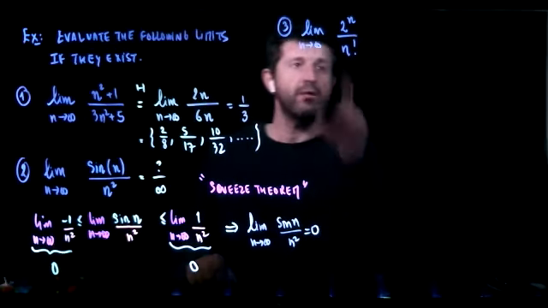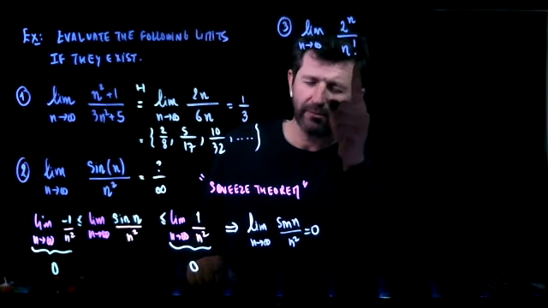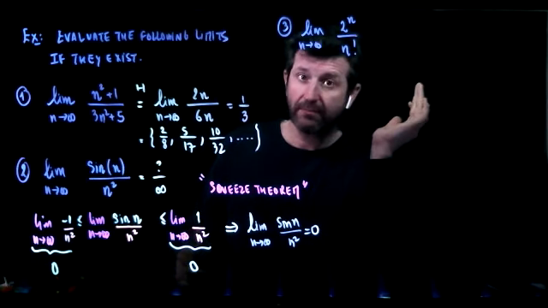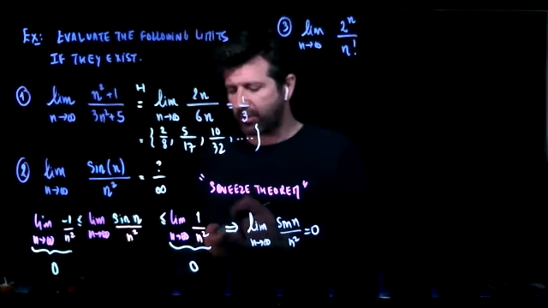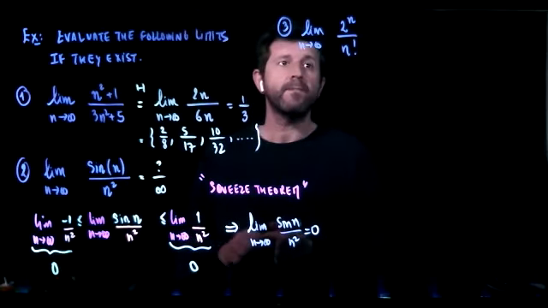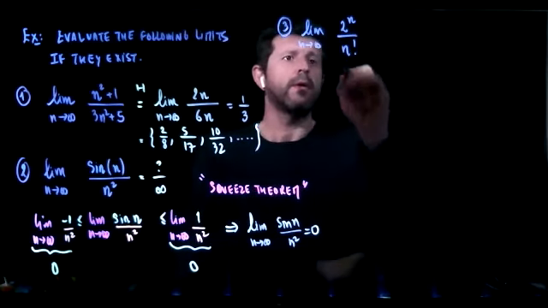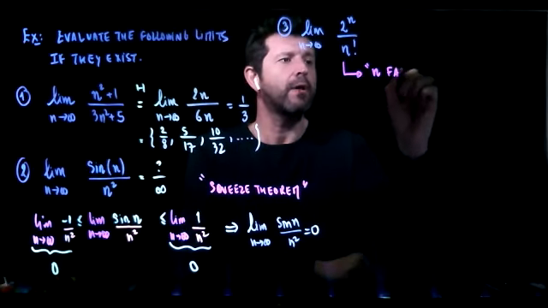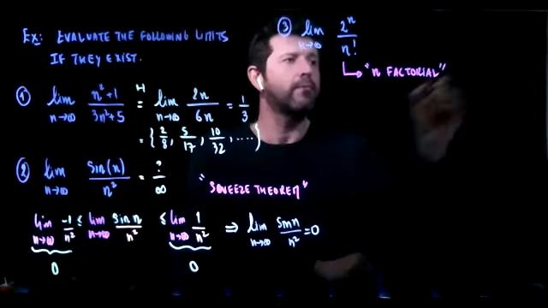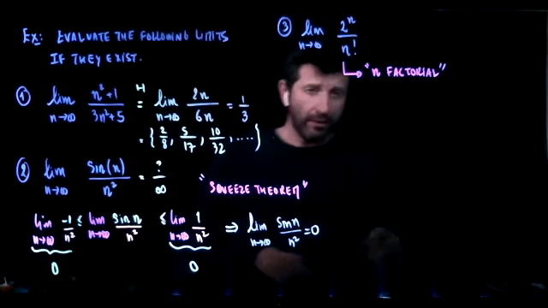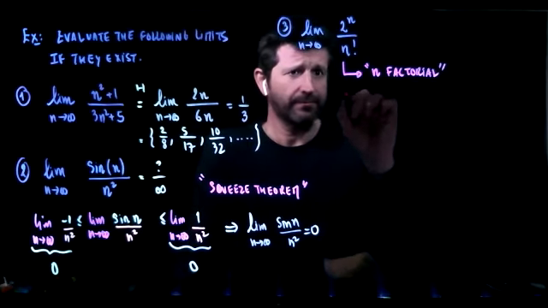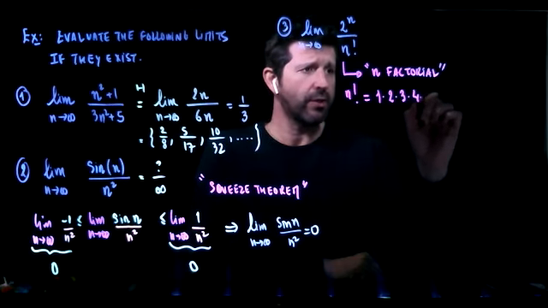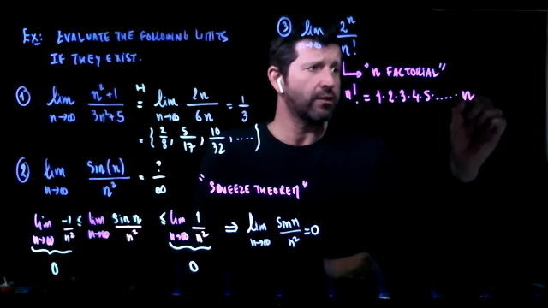Have you ever seen what the factorial means? Who has never seen this? I'm going to explain what that means. We read it as n factorial. And n factorial is equal to just 1 times 2 times 3 times 4 times 5 all the way until n.